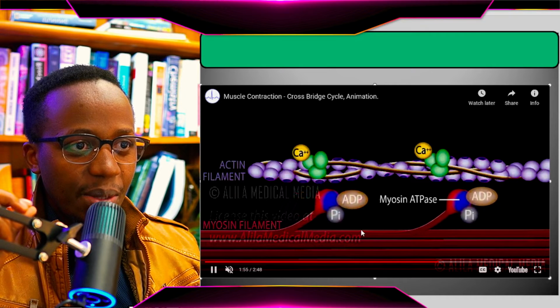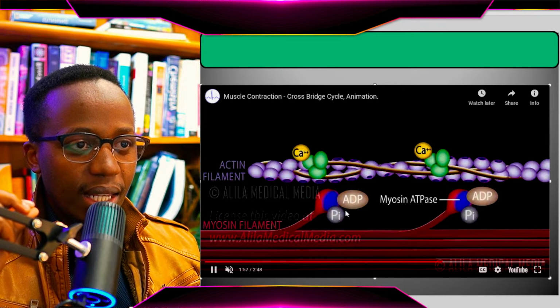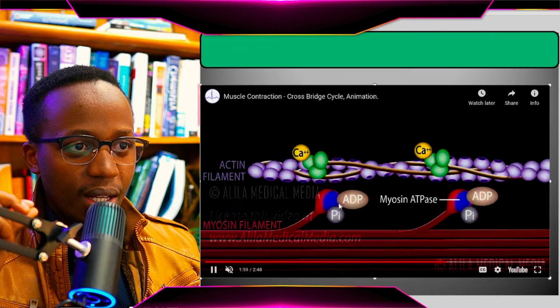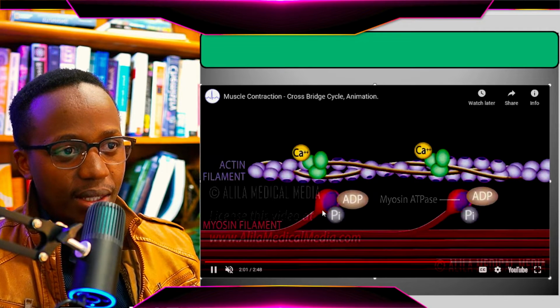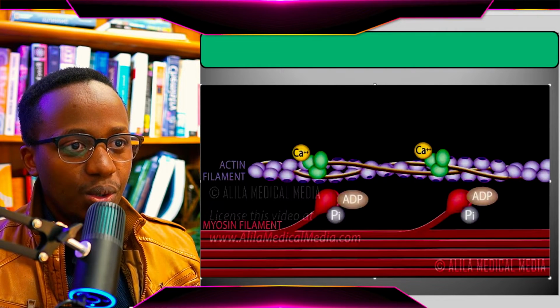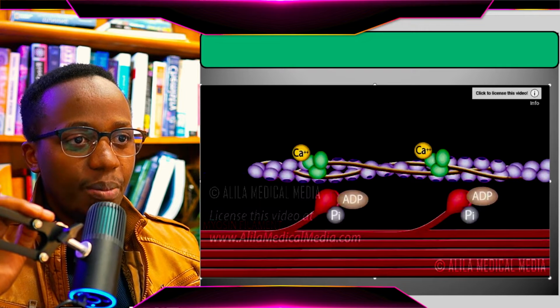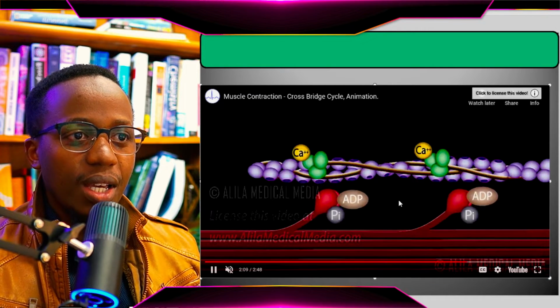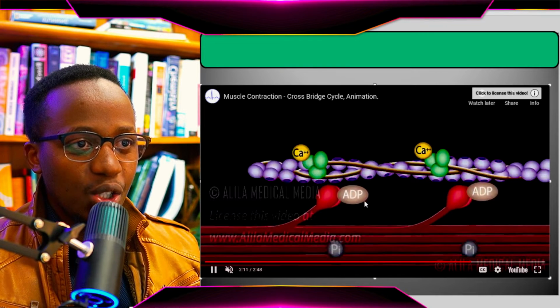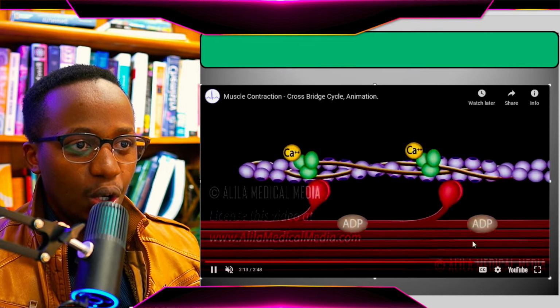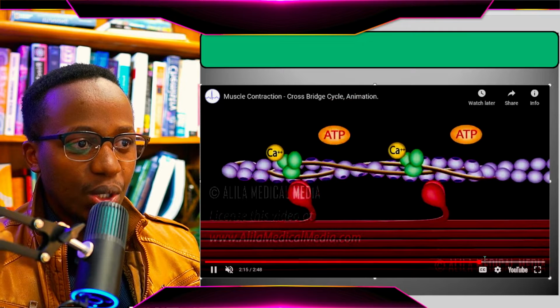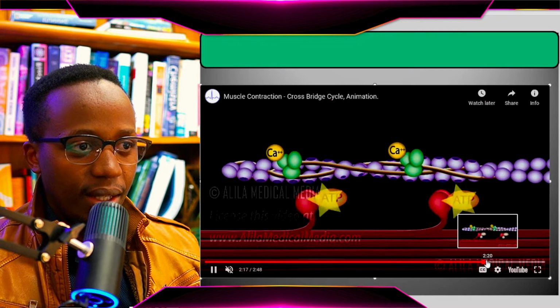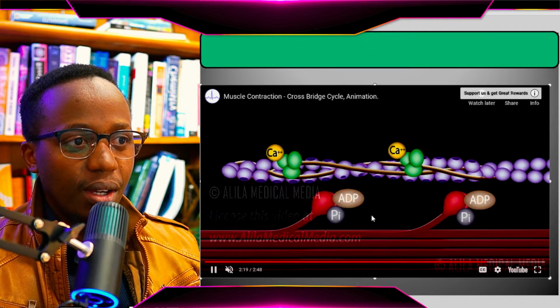So myosin ATPase is going to release ATP, turn into ADP. This is where the energy is used, right, to bring your muscle back to the original state, and that's the whole contraction. This reaction that I just showed you is going to happen again, and the muscle contracts and retracts back and forth, right?